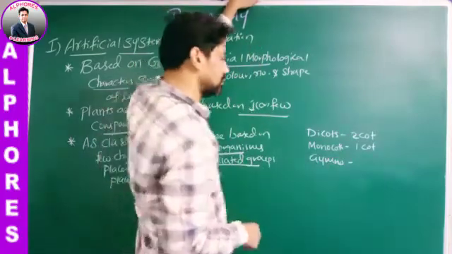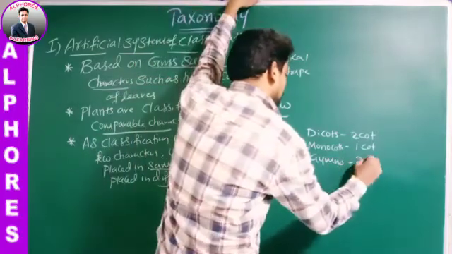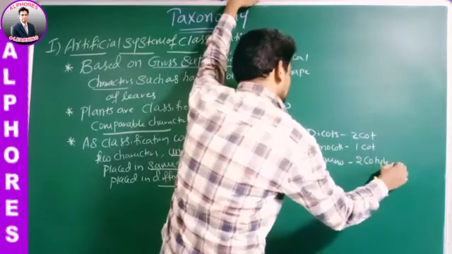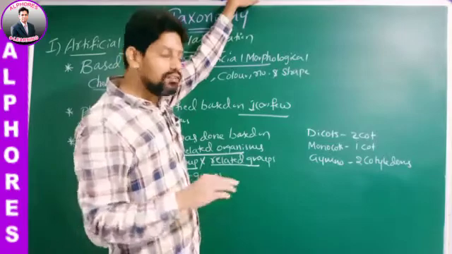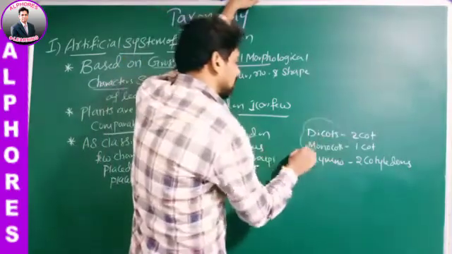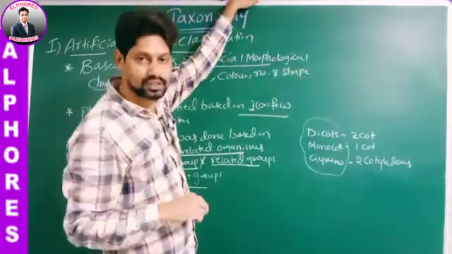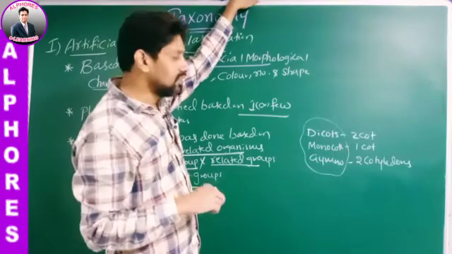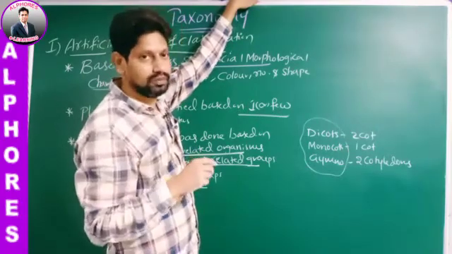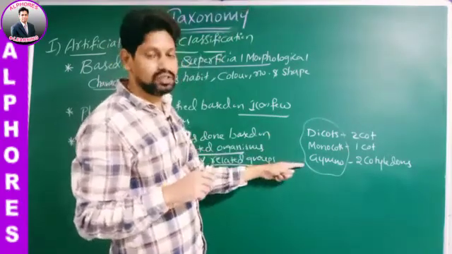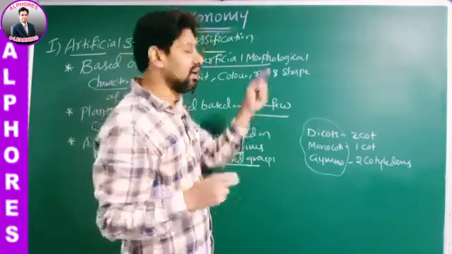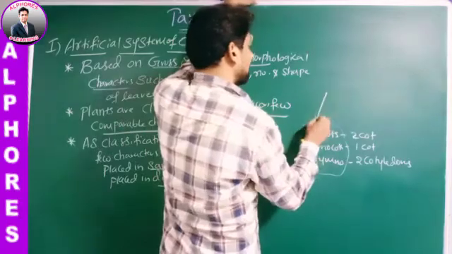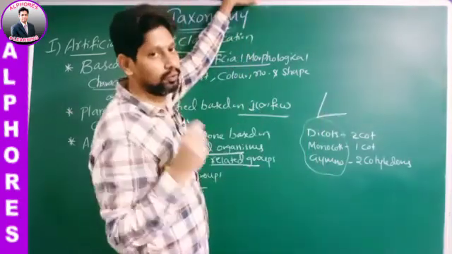They are with two cotyledons. If I classify these organisms into groups based on the number of cotyledons, I will get two groups.